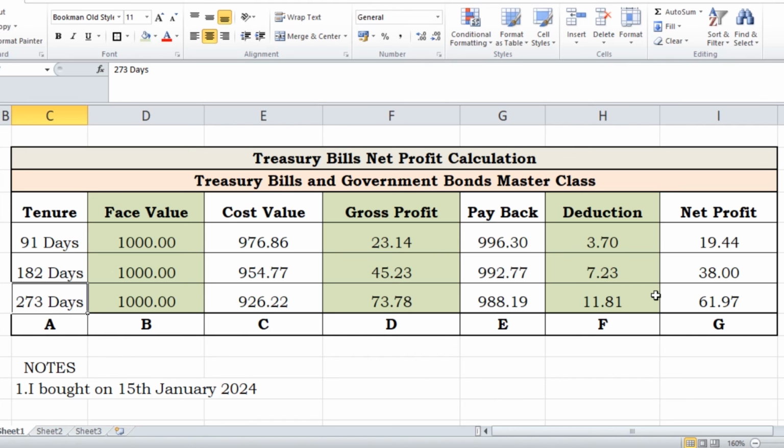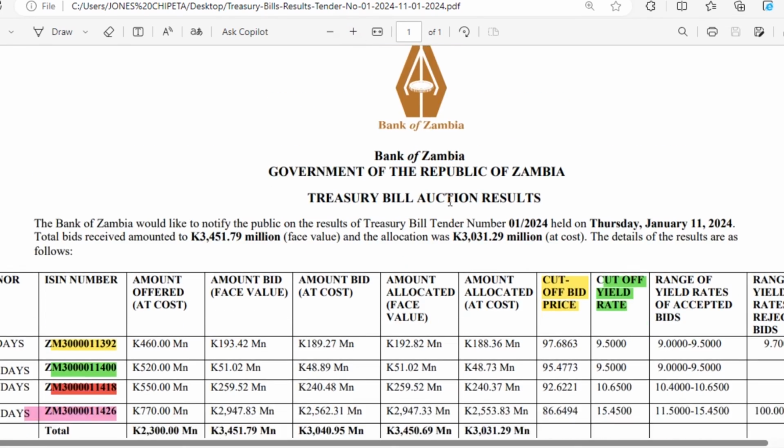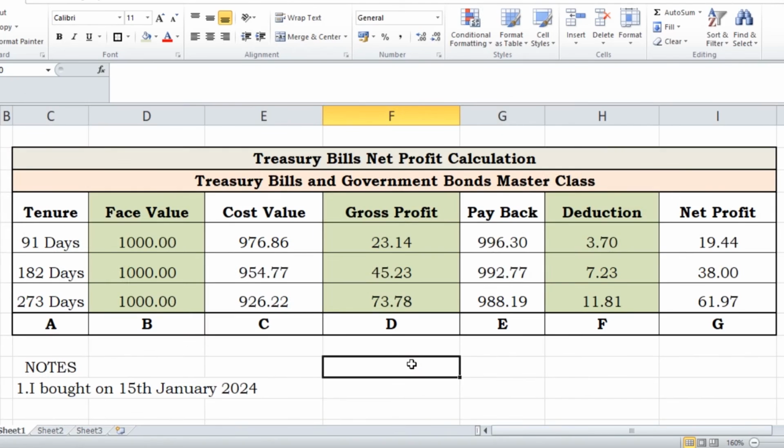These are actual numbers based on the 2024 Treasury Bills auction results. The question is, how much can you make if you invested 10,000, 1 million, how much can you make if you invested 30,000 kwacha?